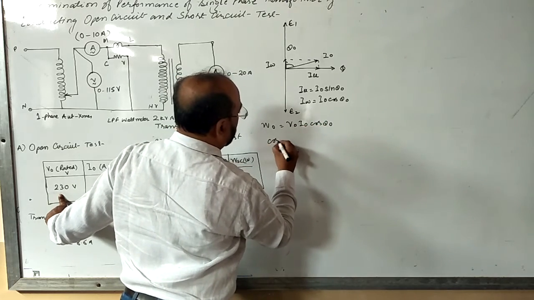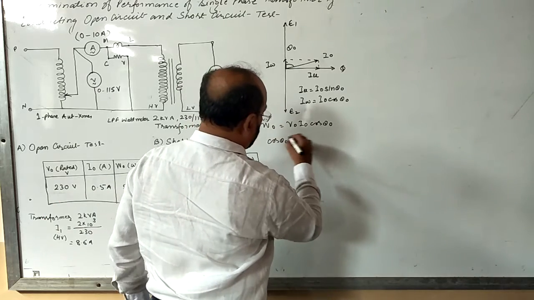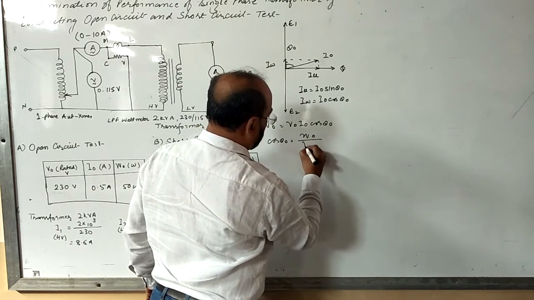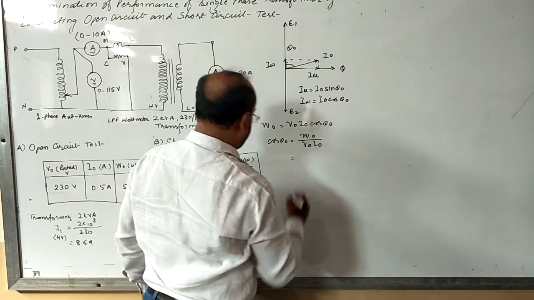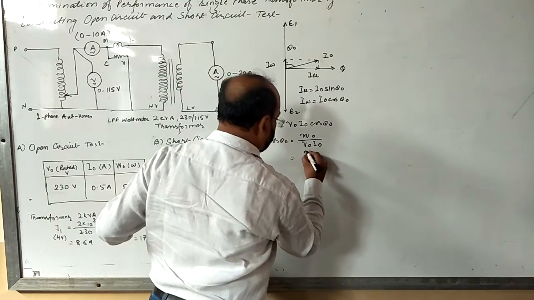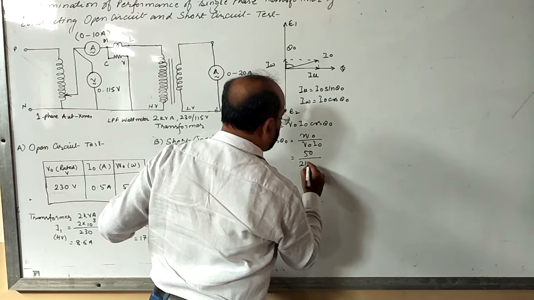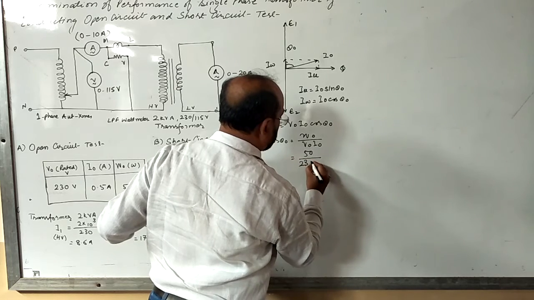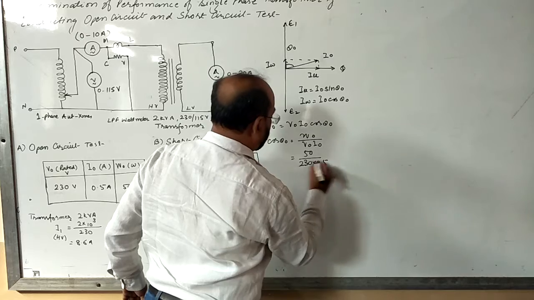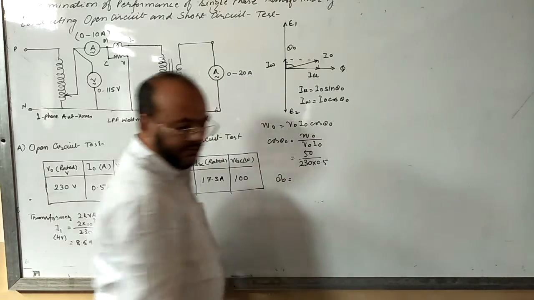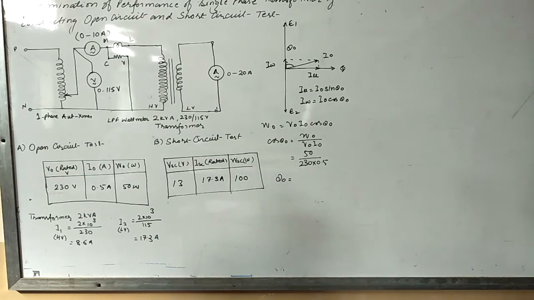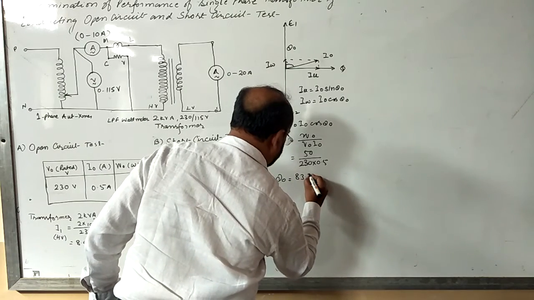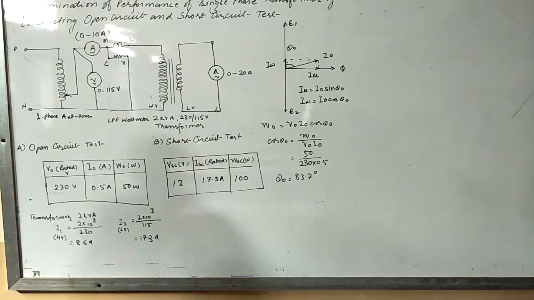So cos theta 0 is equal to W0 upon V0 I0, which is equal to 50 watt divided by 230 volt multiplied by 0.5, and we get theta 0 equal to 83.7 degrees. You just try to calculate these values.